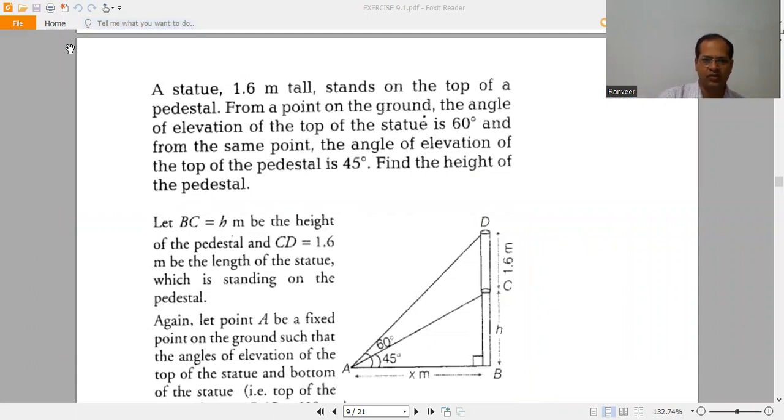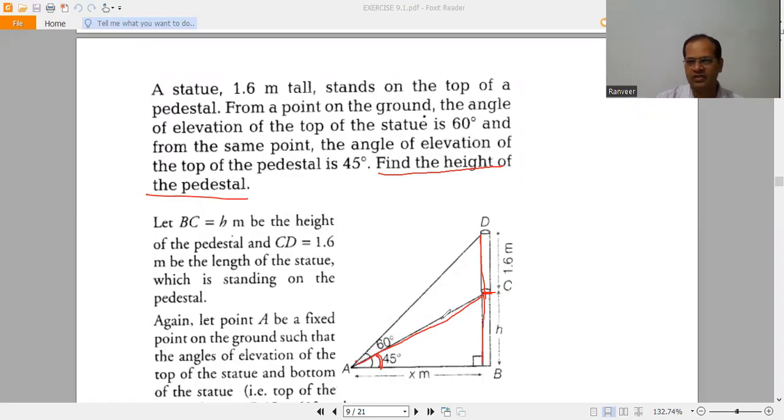So, according to the question, this is the statue, and this is the length 1.6 meter. Find the height of the pedestal. So this is the height of the statue, 1.6 meter, and it is making the angle first. This is making 60 degree, and with this 45 degree.